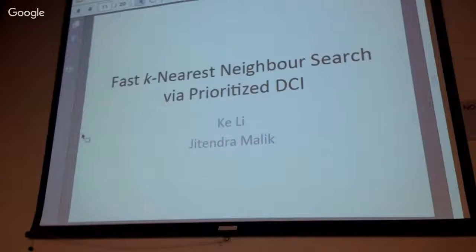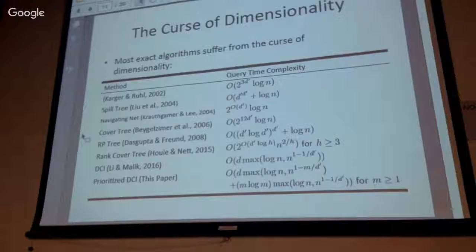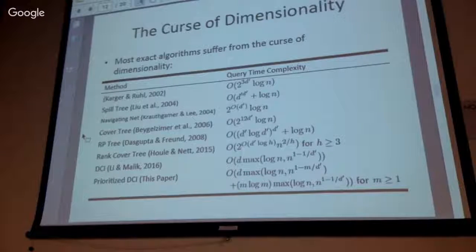Right. So the next paper I'm going to talk about is Fast Nearest Neighbor Search via Prioritized DCI. Basically, most exact algorithms suffer from a phenomenon known as the curse of dimensionality. Here are the more recent methods, I would say.